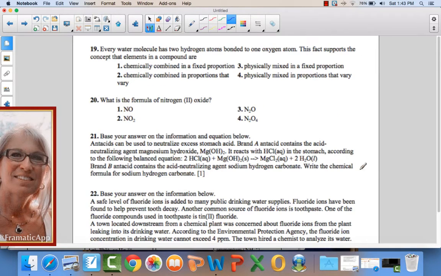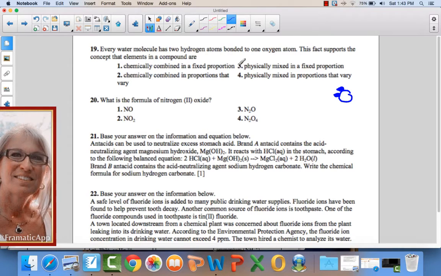Every water molecule has 2 hydrogen atoms bonded to 1 oxygen. Right? You've seen this picture 100 times. 2 hydrogens bonded to an oxygen. This fact supports the concept that elements in a compound are chemically combined in a fixed proportion, chemically combined in a proportion that varies, physically mixed in a fixed proportion, or physically mixed in a proportion that varies.